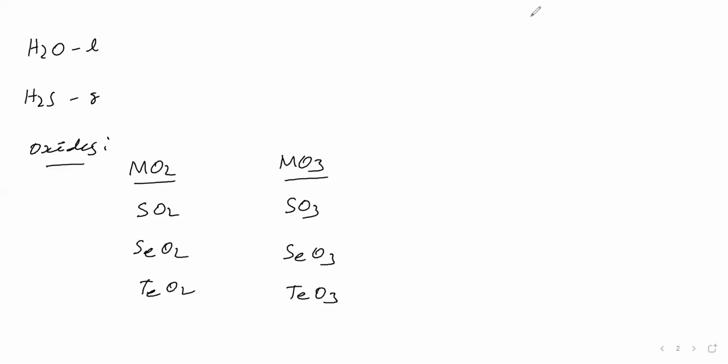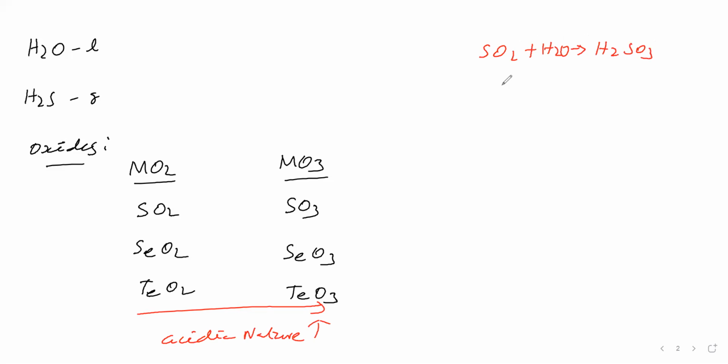Now, how the acidic nature will be, we will see. If we go like this, acidic nature increases, because SO2 with water gives H2SO3, and SO3 with water gives H2SO4.